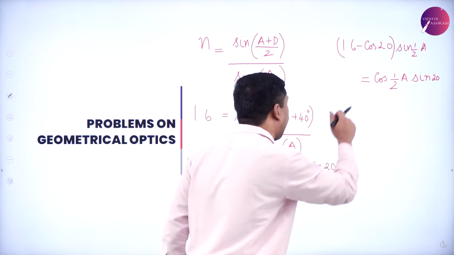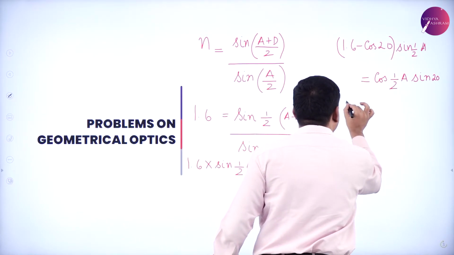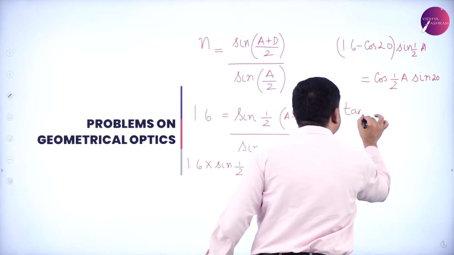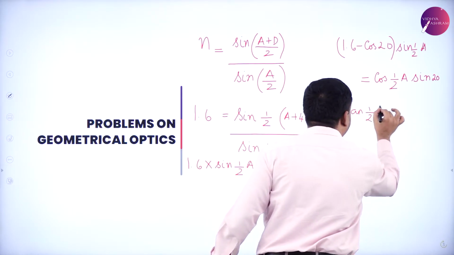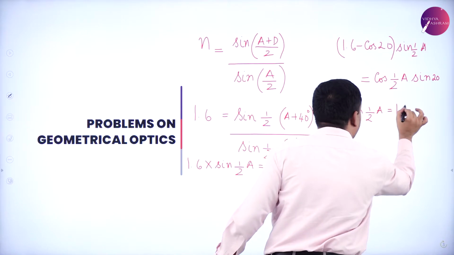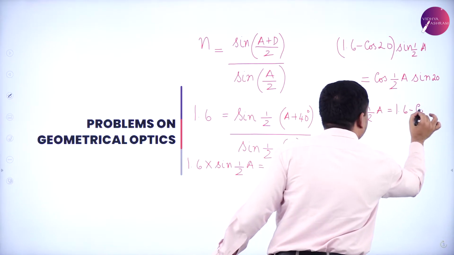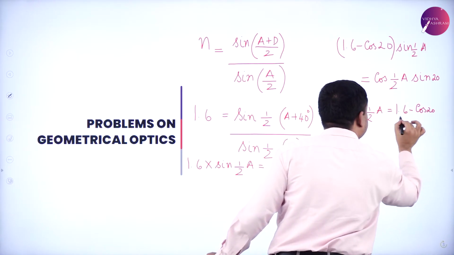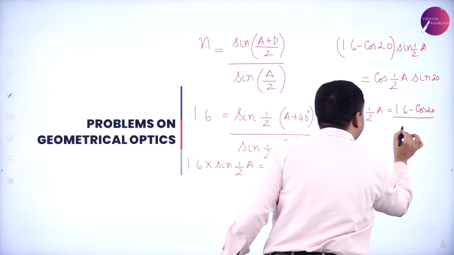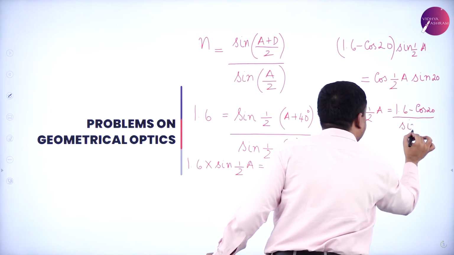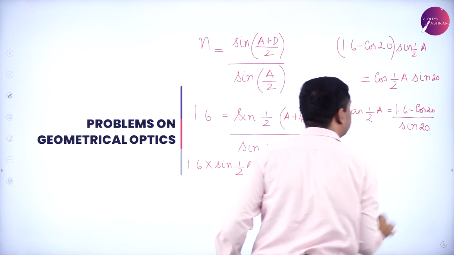Now we have sin by cos. So tan half A is 1.6 minus cos 20 divided by sin 20.